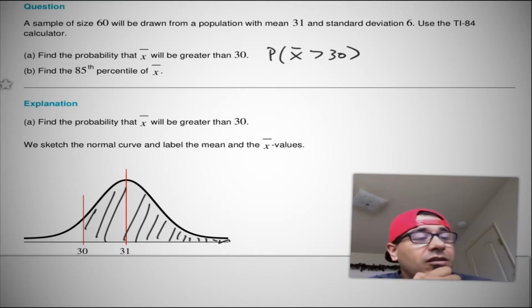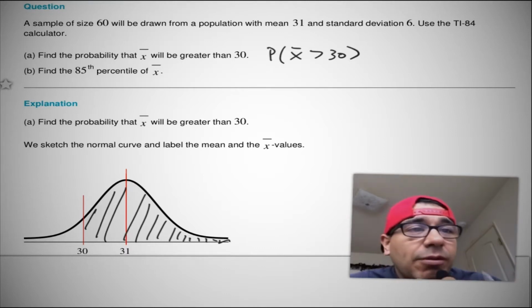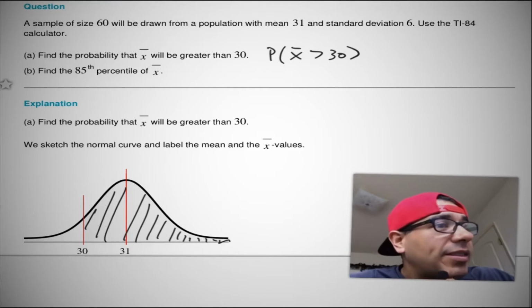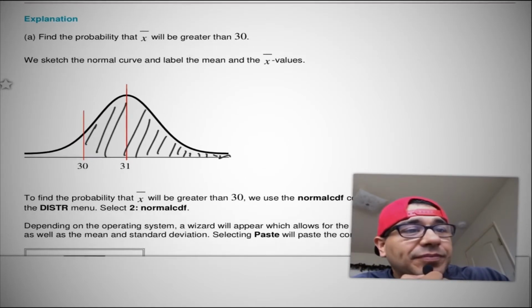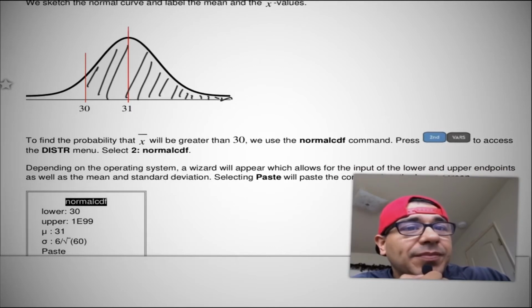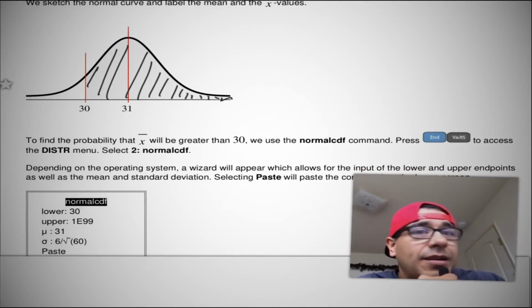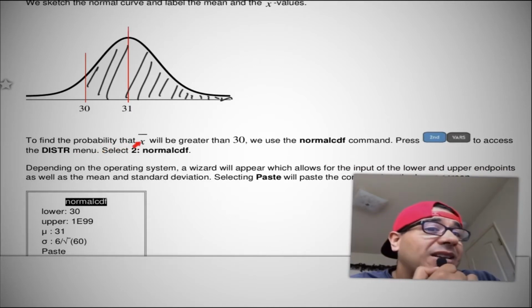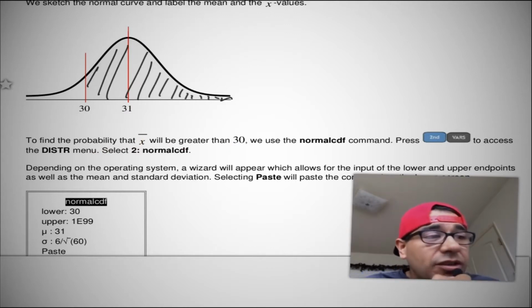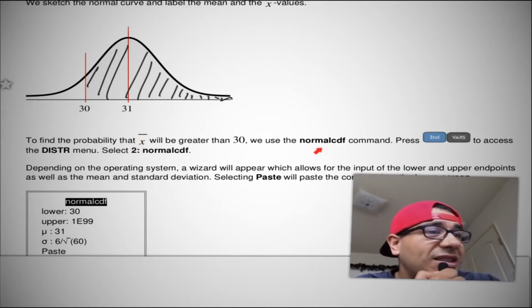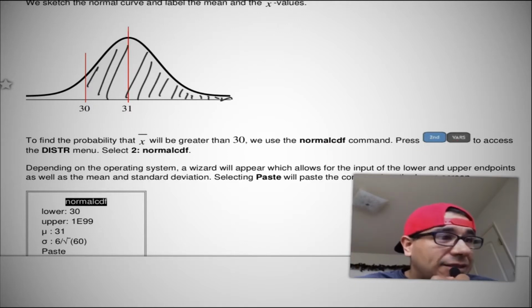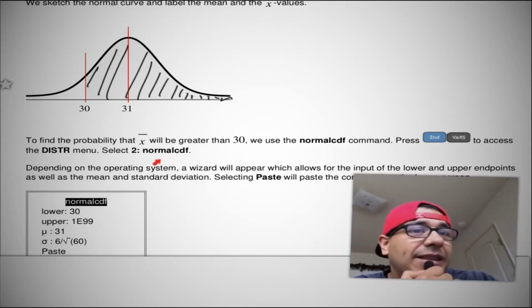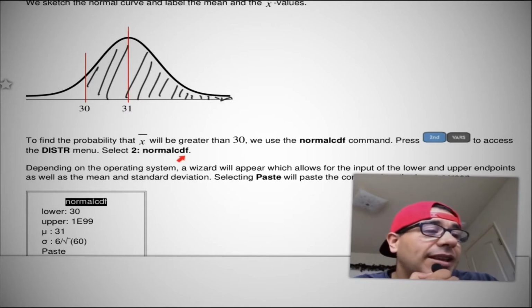It's going to be very similar to what we did before, with this little difference. Here it comes. To find the probability that x bar will be greater than 30, we're going to use normal CDF again, just like we did before. So you press second VARS to access the distribution, and then make sure you select normal CDF.